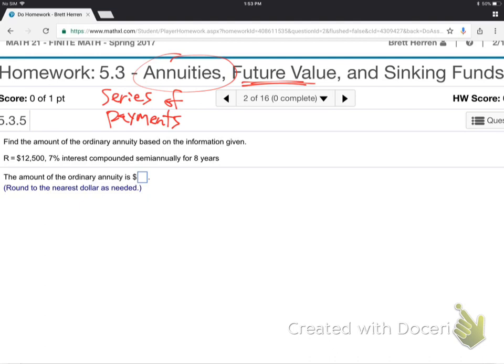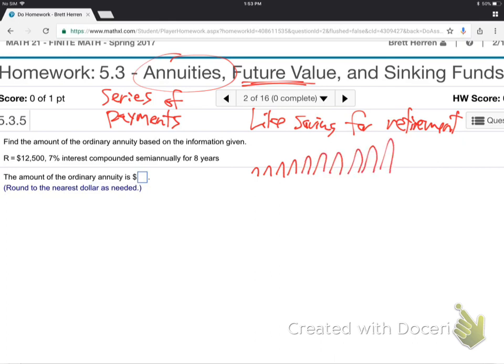So in other words, it's like saving for retirement or college, or when people save for their kids' college education. Anyway, let's just do retirement. You start putting money in the bank for retirement, and it builds up. And at the end, you have a big pile, right? That's the idea, anyway. So that would be an annuity.